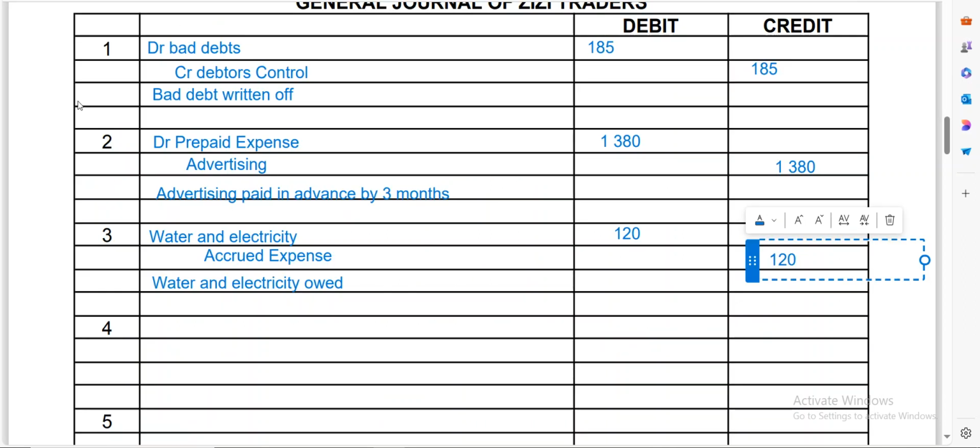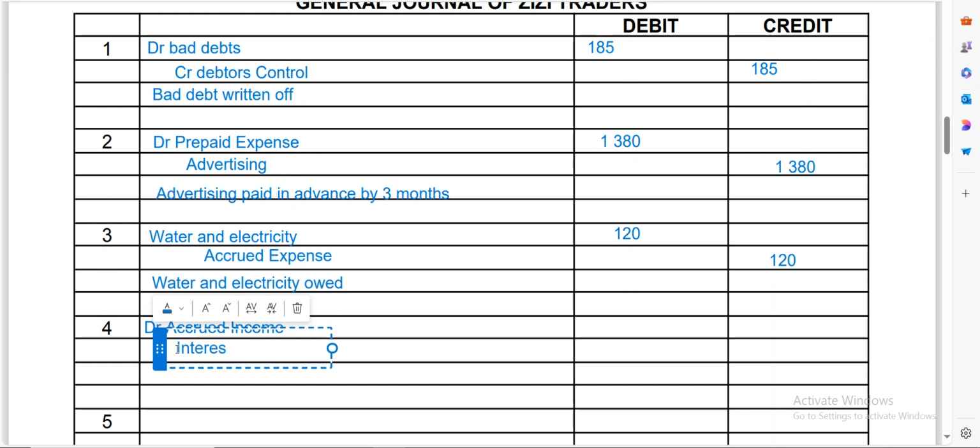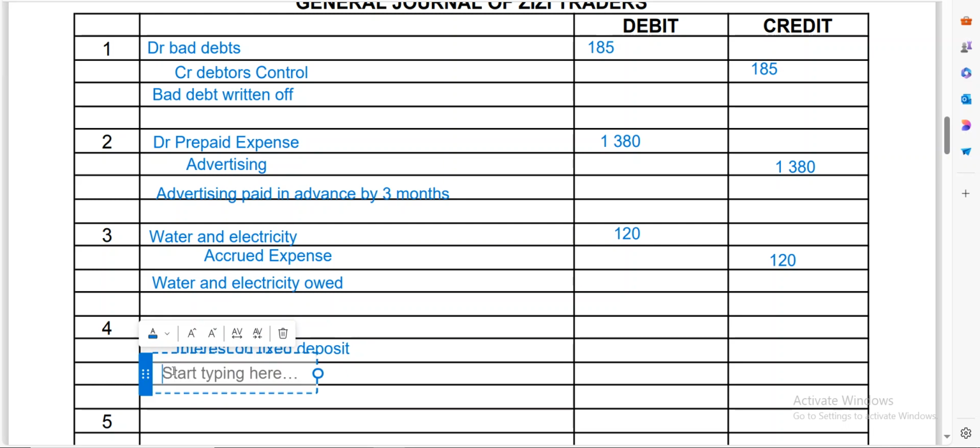So when it's like this, we are going to say debit accrued income, and then because remember accrued income is an asset, we are going to credit interest on fixed deposit. Very important guys.